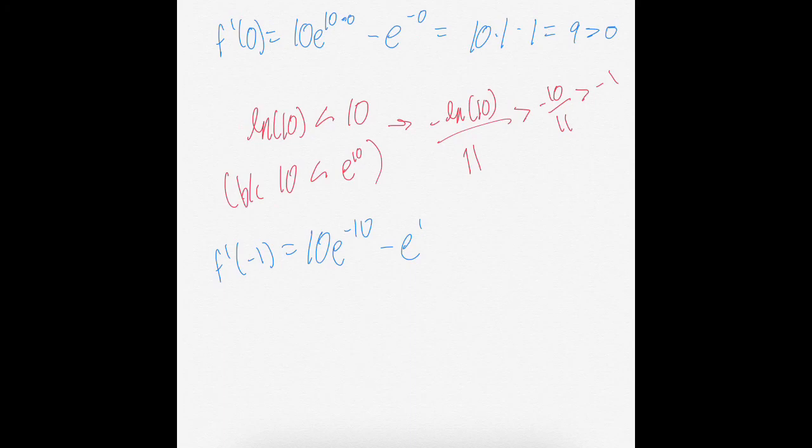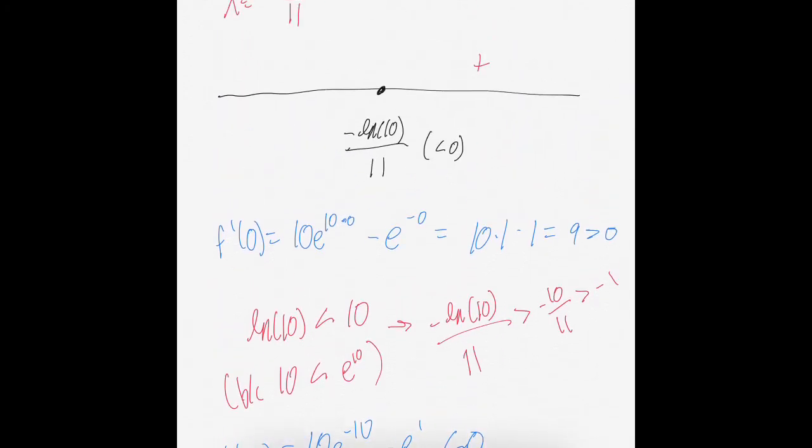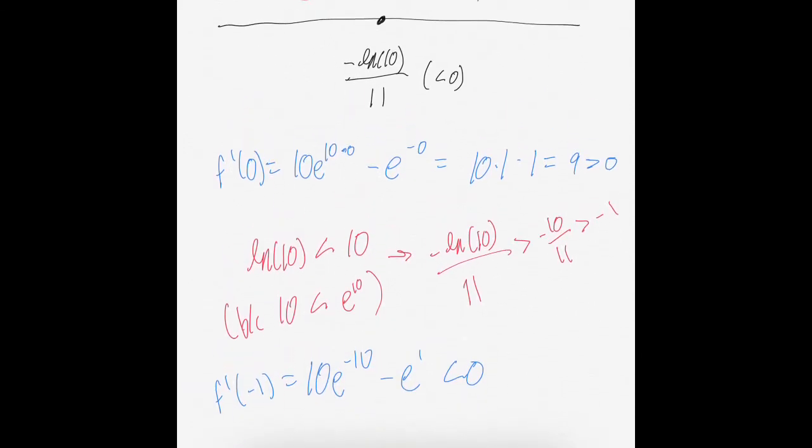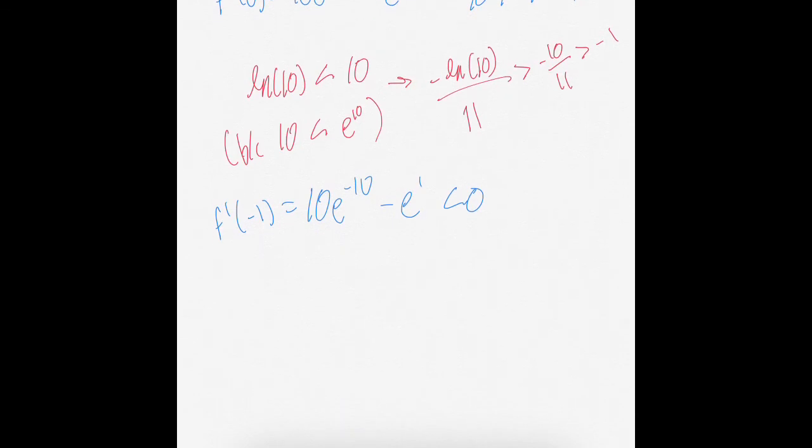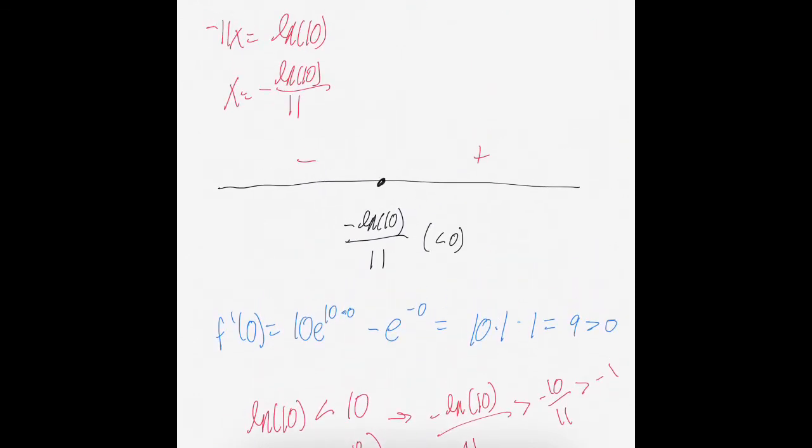I'm going to have to use a calculator for this. So 10e to the minus 10 minus e. Okay, so that is negative, less than 0. So I have negative here.